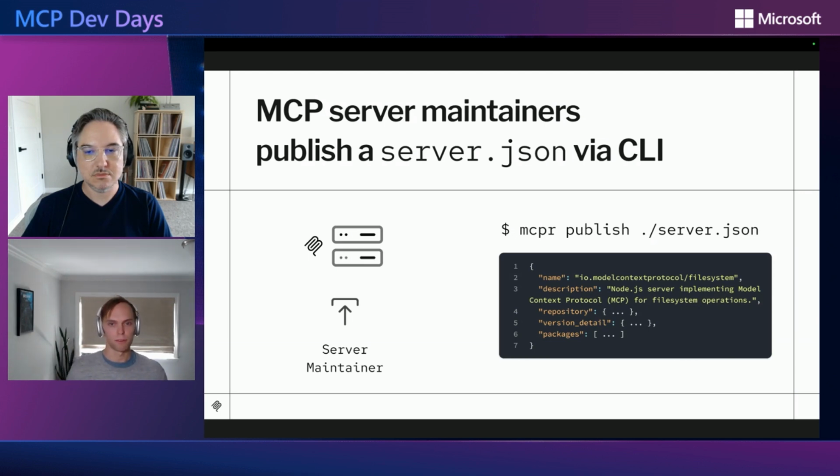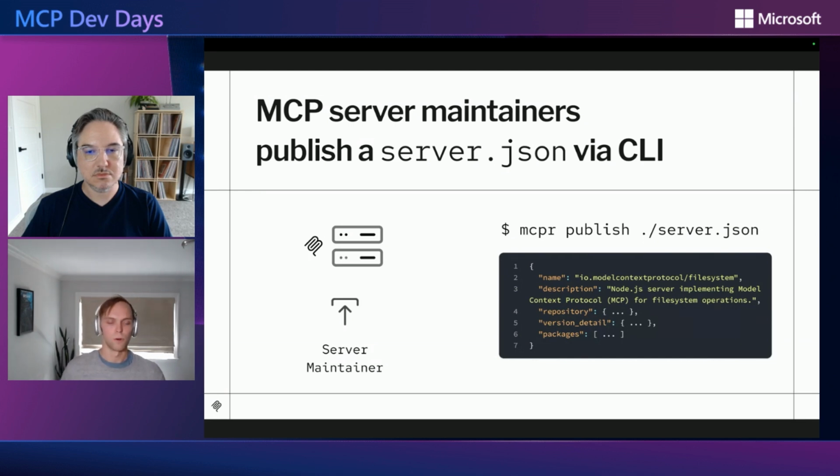It's going to include those references to source code registries like npm, PyPI, etc. It'll even include a set of remote URLs. We're not only storing references to local servers here as well. It's going to have those installation instructions that I talked about earlier.